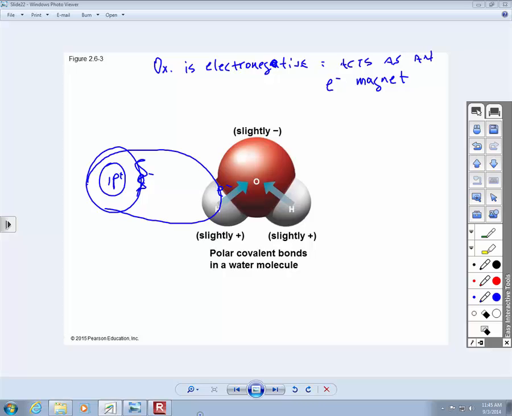So that's what gives the oxygen a slightly negative charge and the hydrogens a slightly positive charge. So if you wanted to draw the structural diagram, what we're looking at here is an oxygen with a partial negative charge.